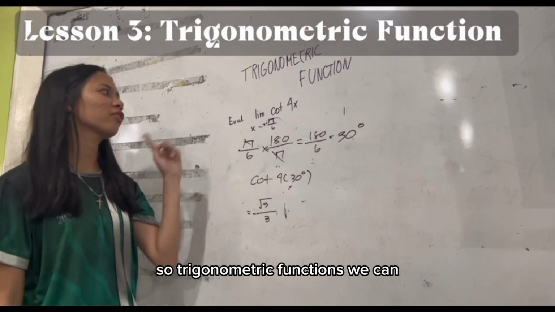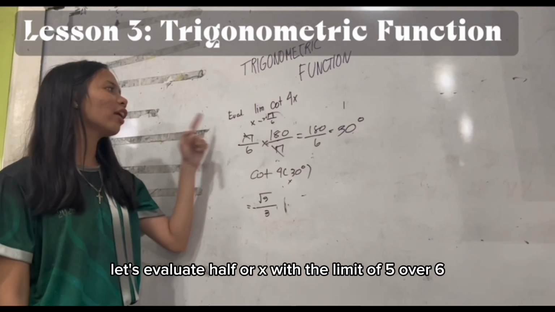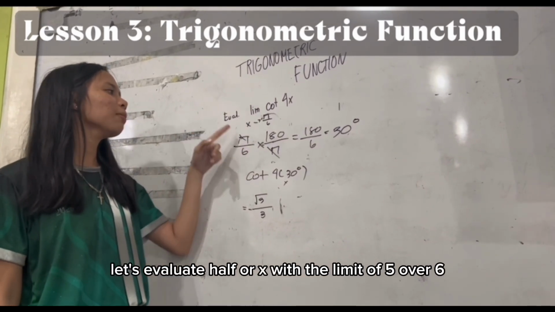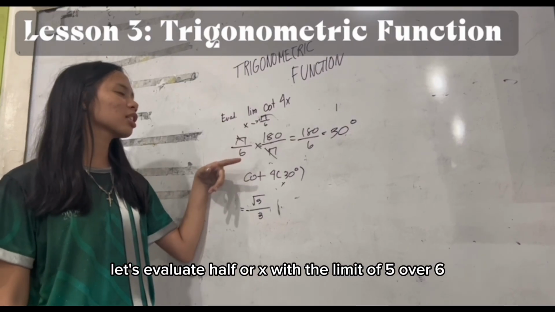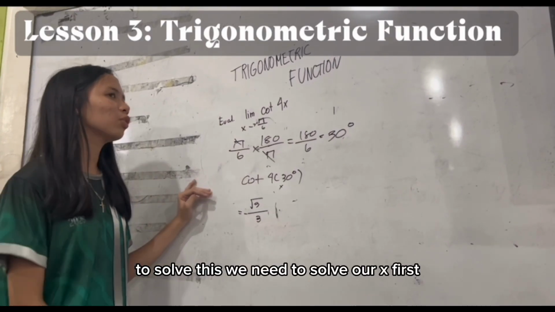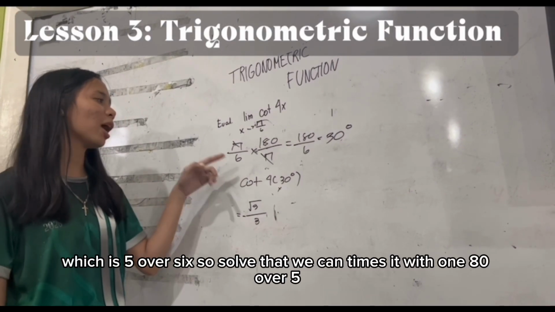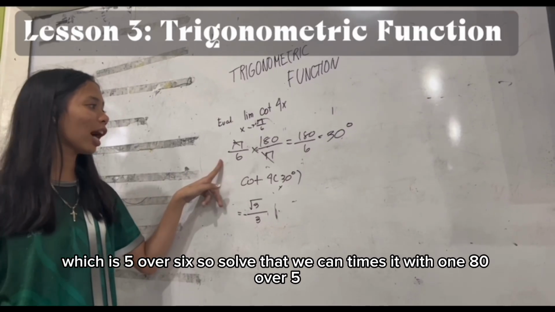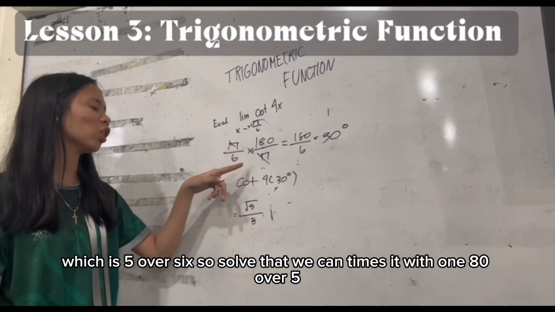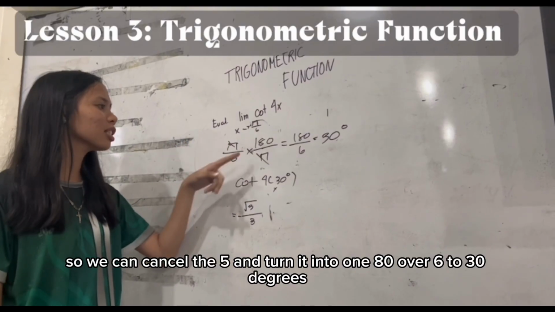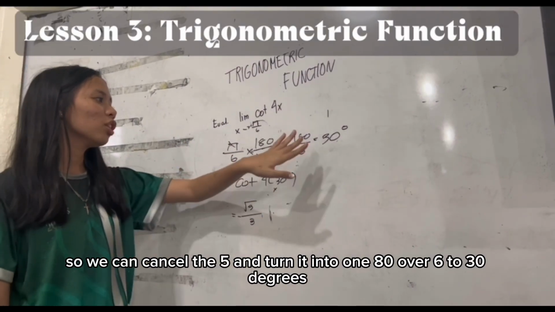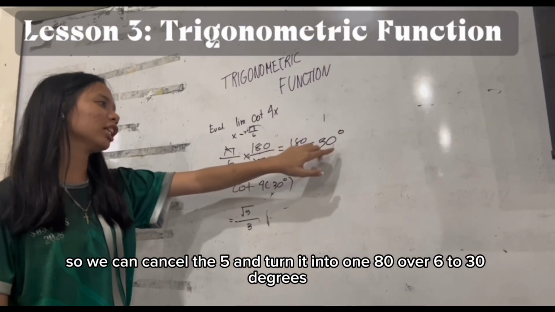So, trigonometric functions. Let's evaluate cot x with the limit of pi over 6. To solve this, we need to solve our x first, which is pi over 6. To solve that, we can multiply it with 180 over pi. So we can cancel the pi and turn it into 180 over 6, which is 30 degrees.